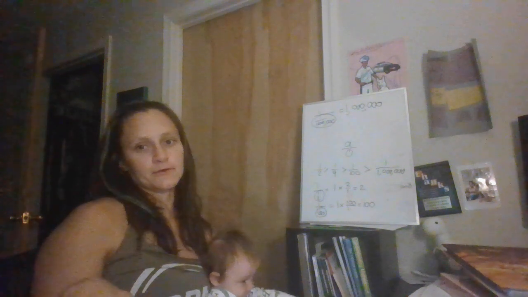Let's say I did 1 over 1 million, which is equal to 1 million. Okay? It's getting bigger and bigger and bigger. So as that number on the bottom gets smaller and smaller, because we just talked about fractions and how they work, the actual value is getting bigger and bigger.